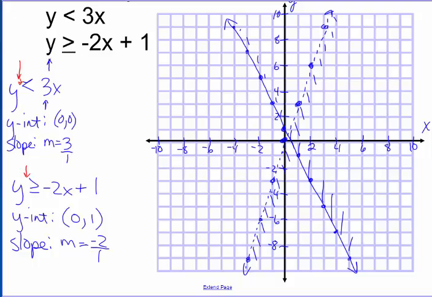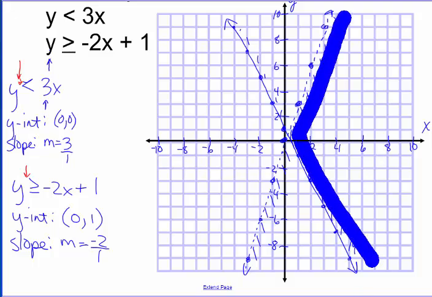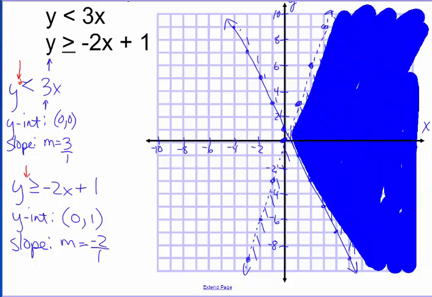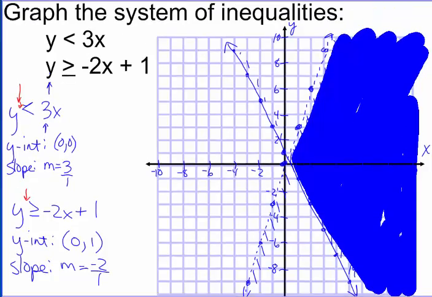In this case, we've shaded here and here around the 2 lines. So it's that region that got shaded both times. So then that's the region that you'd shade darker. And that would be the solution to your system of inequalities.